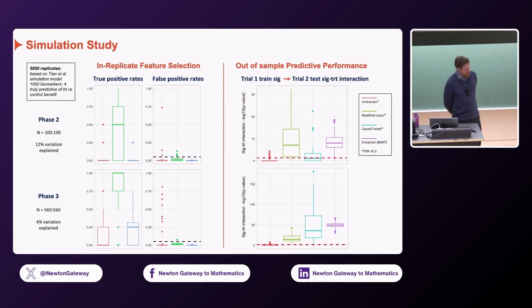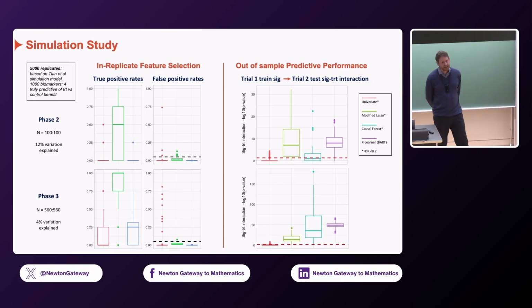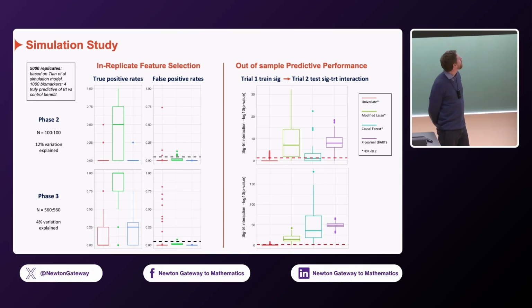Just one slide on a really simple simulation study we did. We took an architecture from the modified covariate lasso paper, which was the only one of these papers that actually explored a high-dimensional setting. That was 1,000 features.